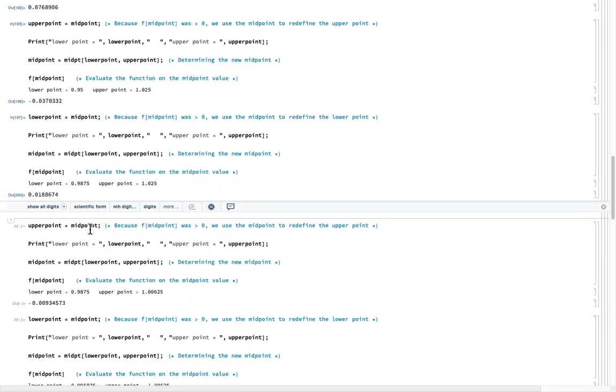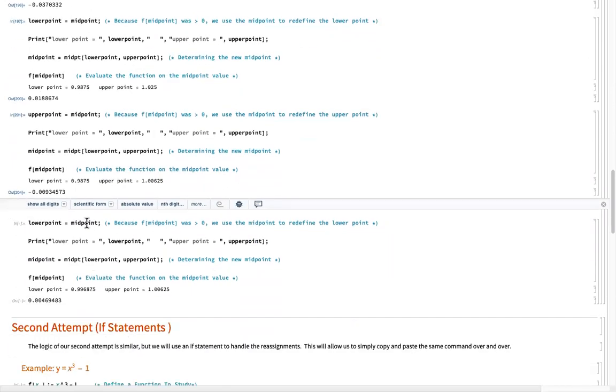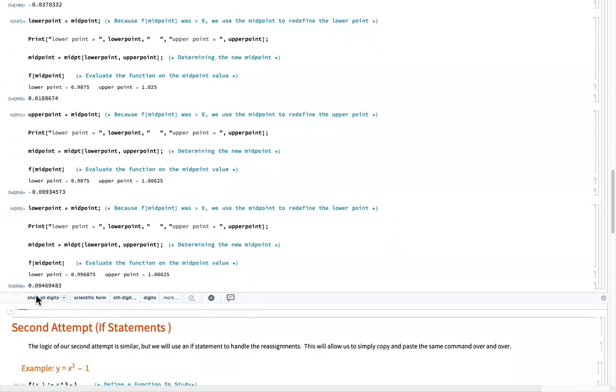And we can keep going, and it'll get closer and closer and closer. You'll see that when you evaluate the function on the midpoint, it gets smaller and smaller. After a number of iterations, I'm somewhere between 0.996875 and 1.00625. It's getting really close to 1.